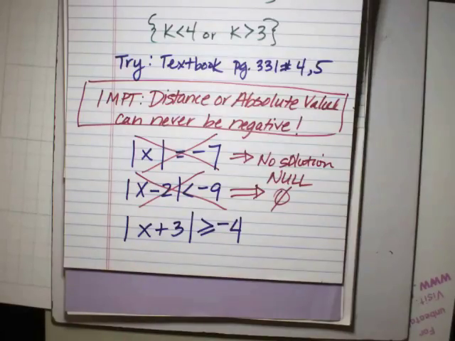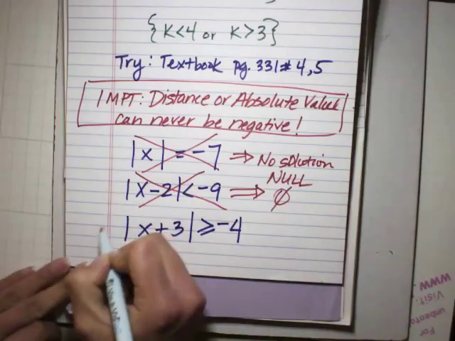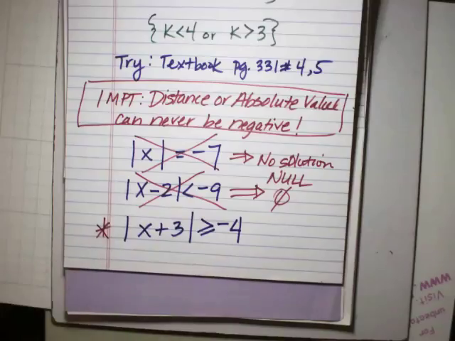Absolute value greater than or equal to negative 4. I think I'm going to leave this one for you to think about and bring back to class tomorrow. Talk about whether this is something that has a solution or does not have a solution.